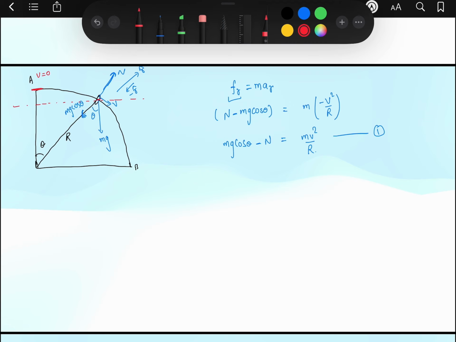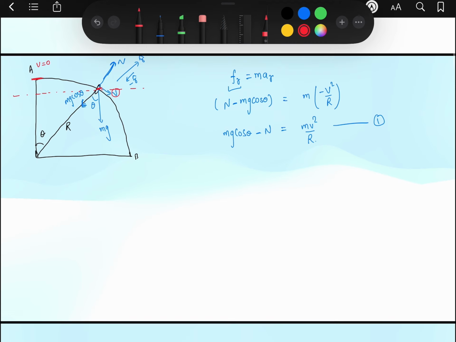And at this intermediate point, velocity we are taking V. And this length will be equal to what in this triangle? If I take the component of R along this, then this length will be equal to R cos theta. And this upper small length will be R into 1 minus cos theta.